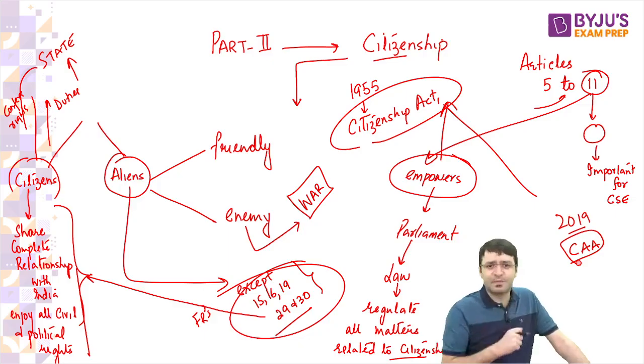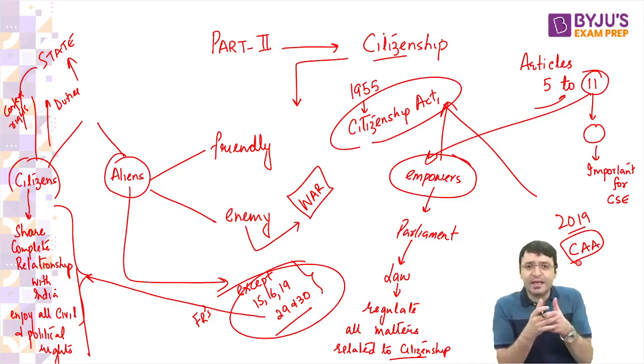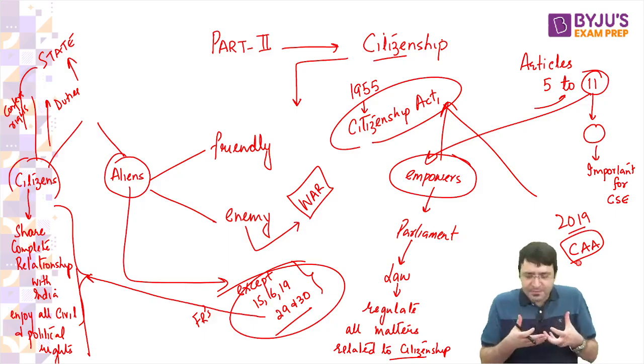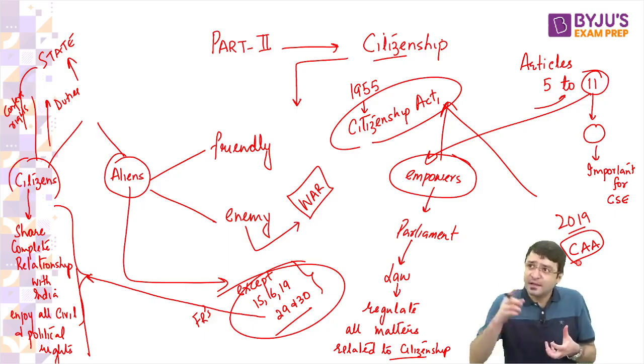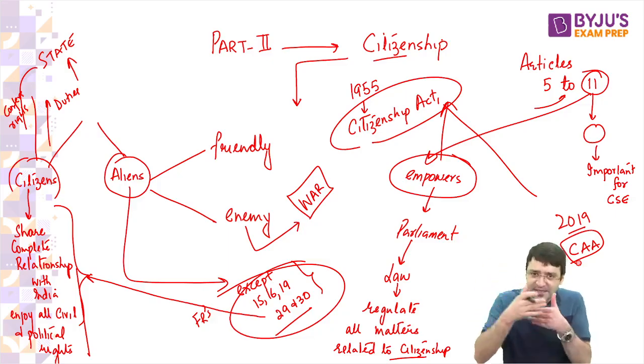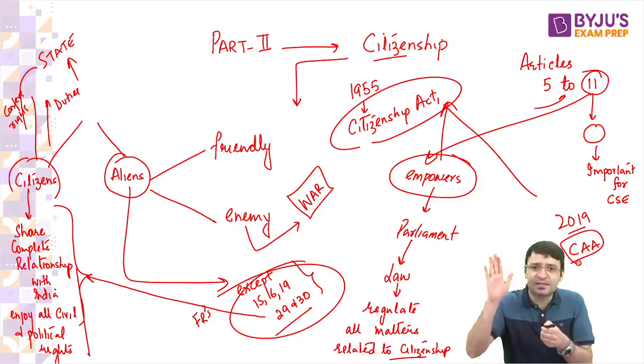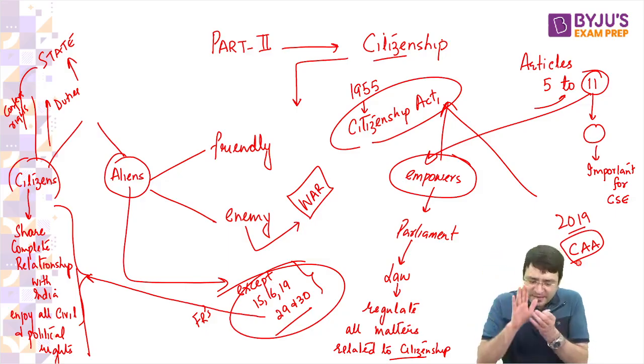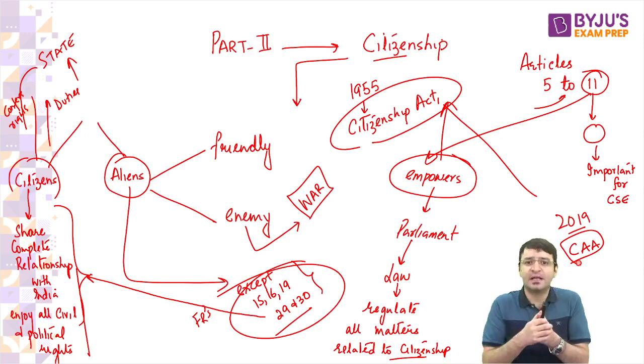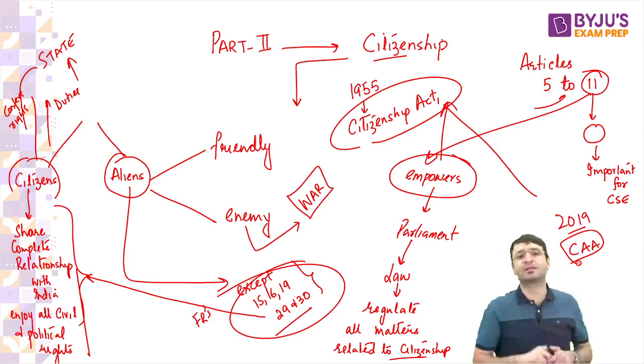So citizenship is basically legal acceptance. I'm claiming that I'm the citizen of India, but the state should also accept my claim. Once the state accepts my claim by giving me a citizenship certificate, this certificate says that now you can claim your rights.